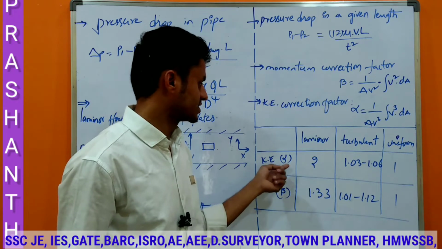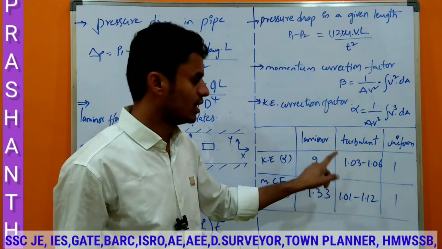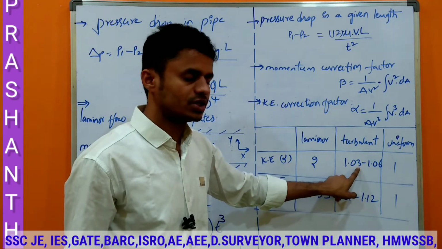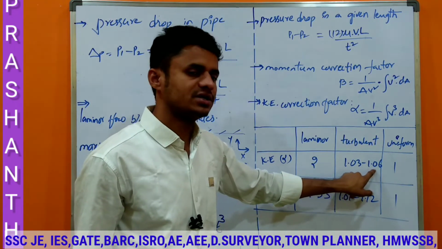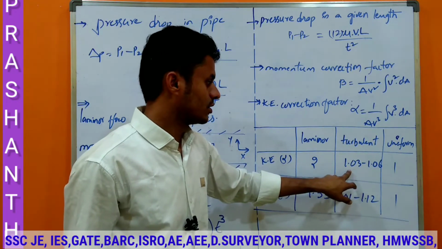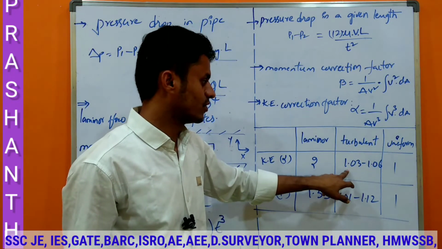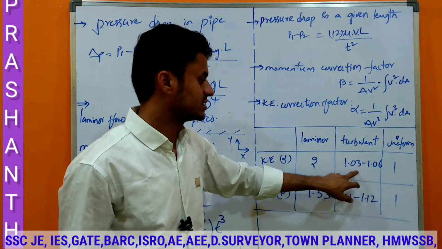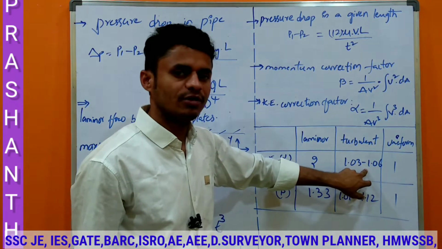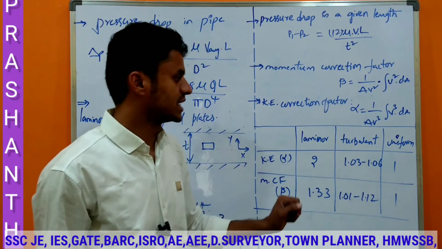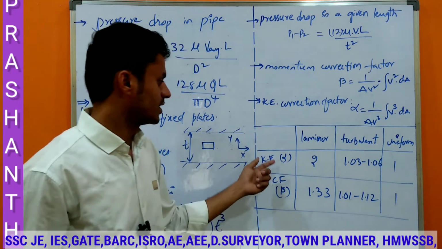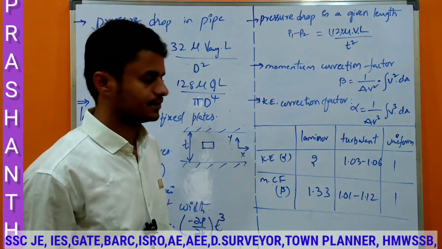Kinetic energy correction factor alpha: for laminar flow it is 2, for turbulent flow it ranges from 1.003 to 1.06. If the range is not given and an option like 1.03 is given, you can select it, or select the value in between. For uniform flow, it is 1.